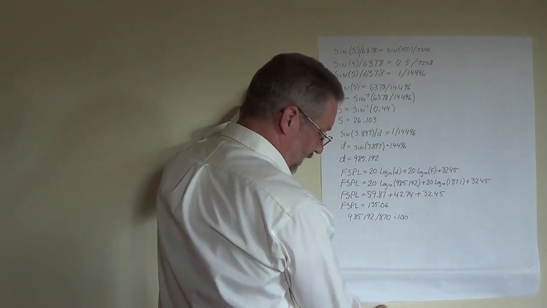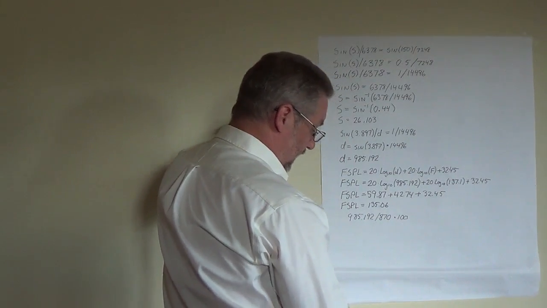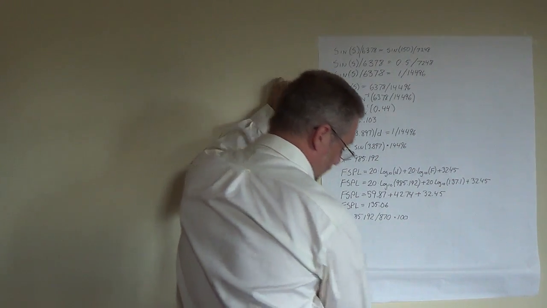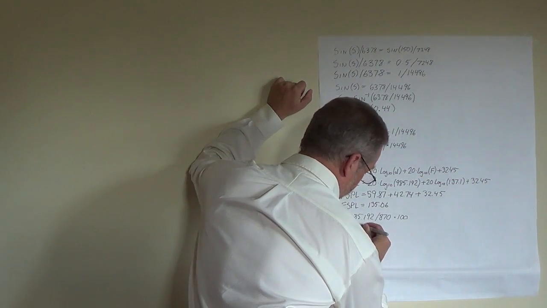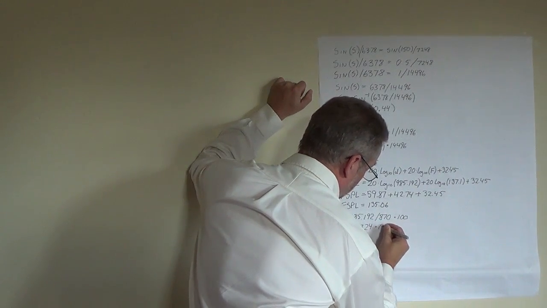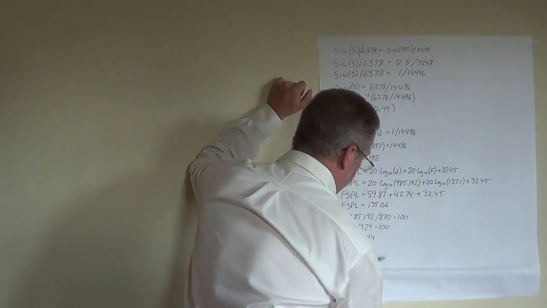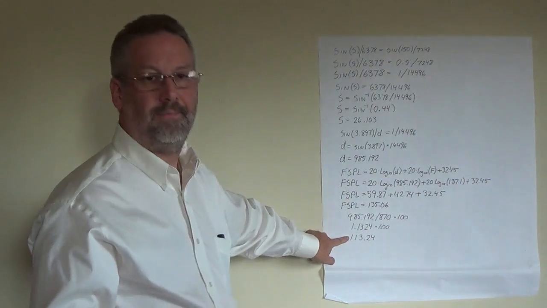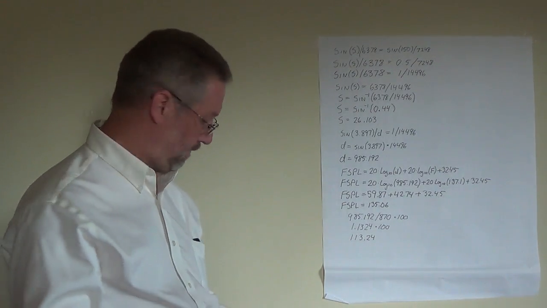And sure enough, it passes the sanity check, because what we get here is 1.1324, and we multiply this by 100, and we get 113.24 kilometers. This is the amount of atmosphere that we're going through below the Kármán line.